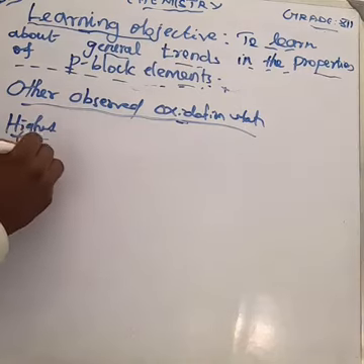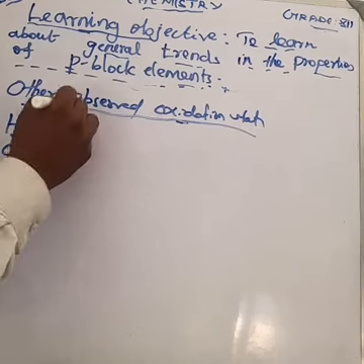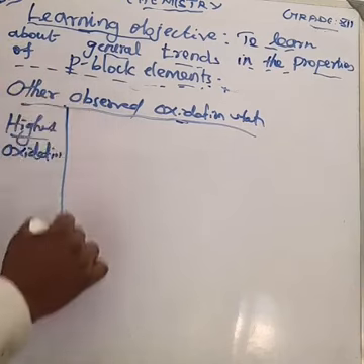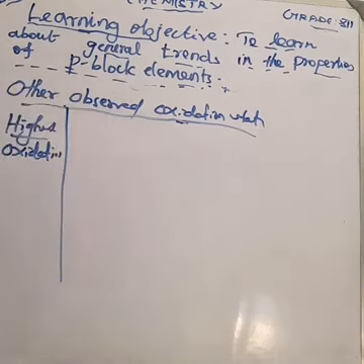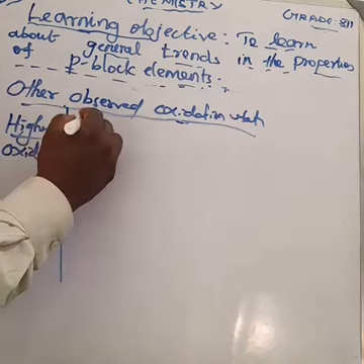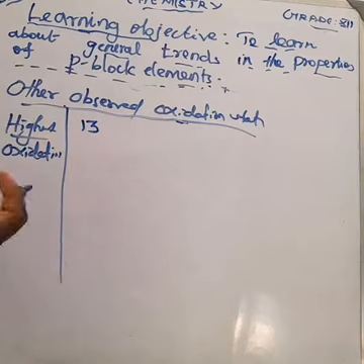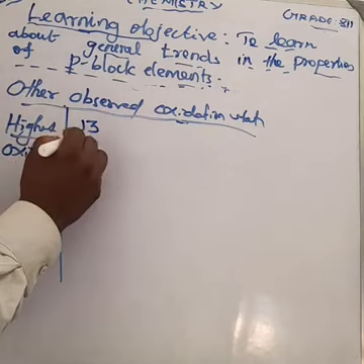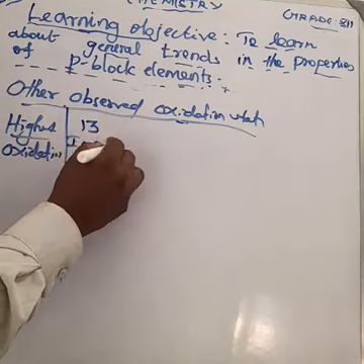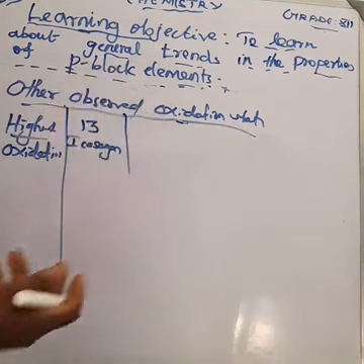Oxidation state. First, the group number. I told you the p block elements have groups 13 to 18: boron, carbon, nitrogen, oxygen, fluorine, and the inert gases. The 13th group is called the icosagen, the boron family.